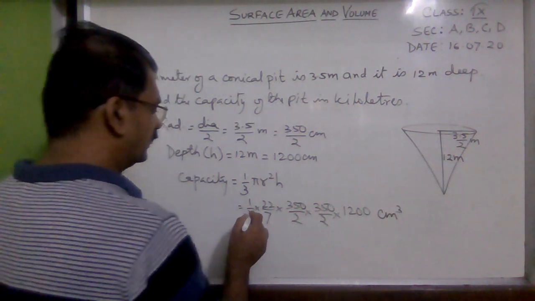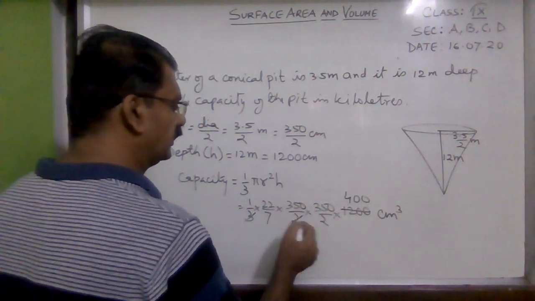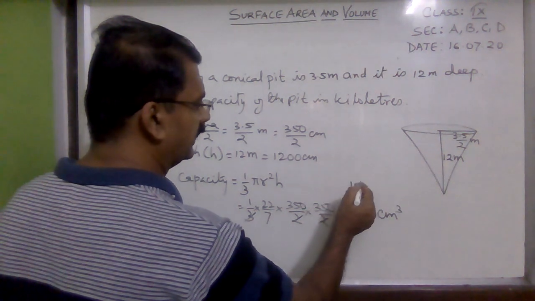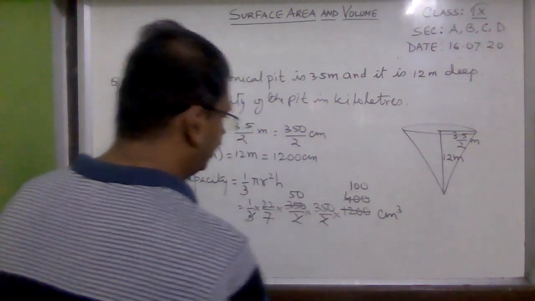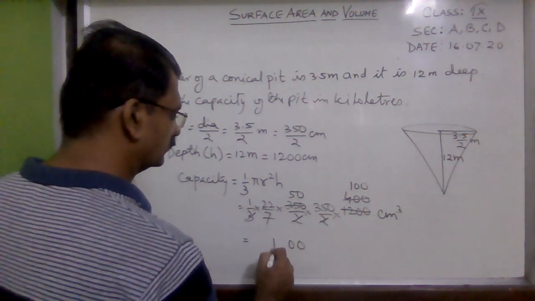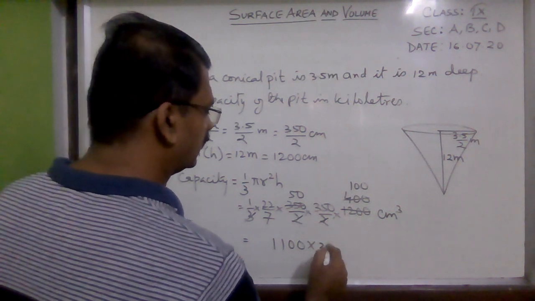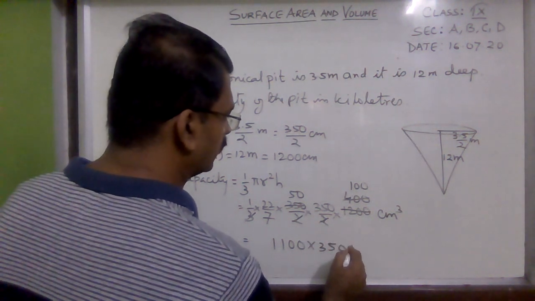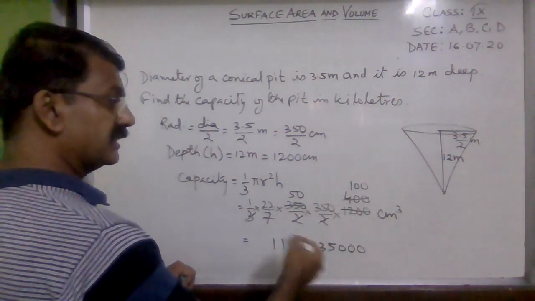Now see, 3, here it is 400, then 2 into 2 is 4, so it is 100 only, then it is 50. Okay, so 1100 into 35000, this much centimeter cube.